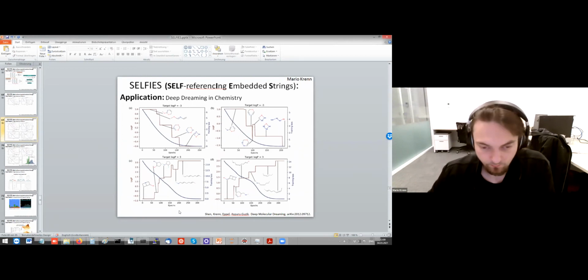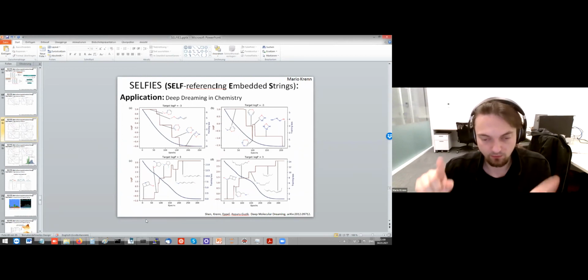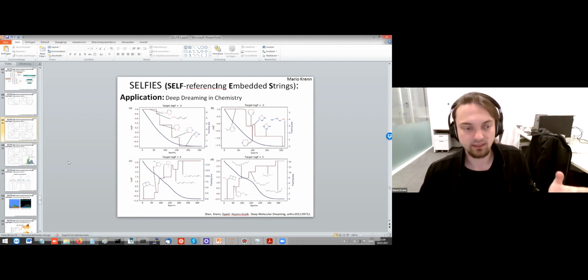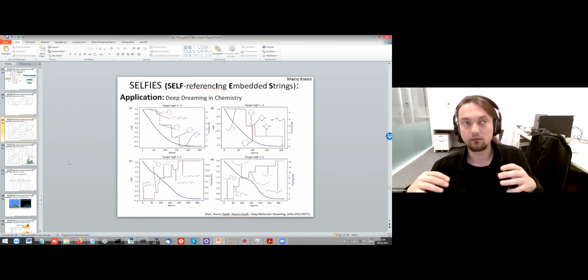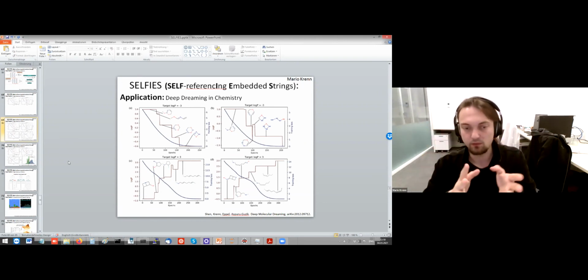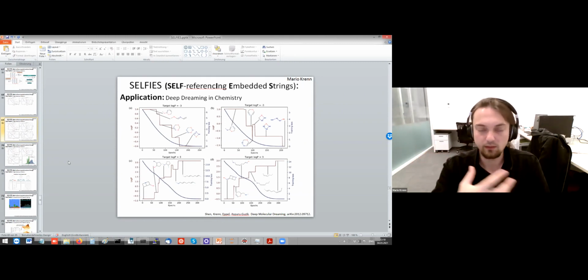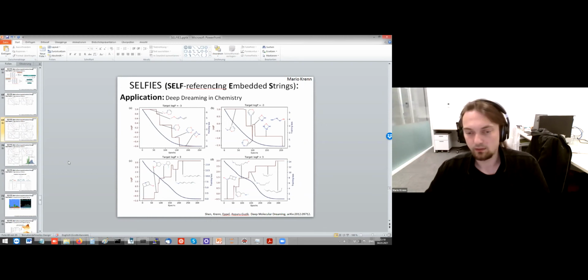Yeah, we can do it in a very similar way as it's done in SMILES. We can also add the explicit H, which is then just an additional symbol in our alphabet.